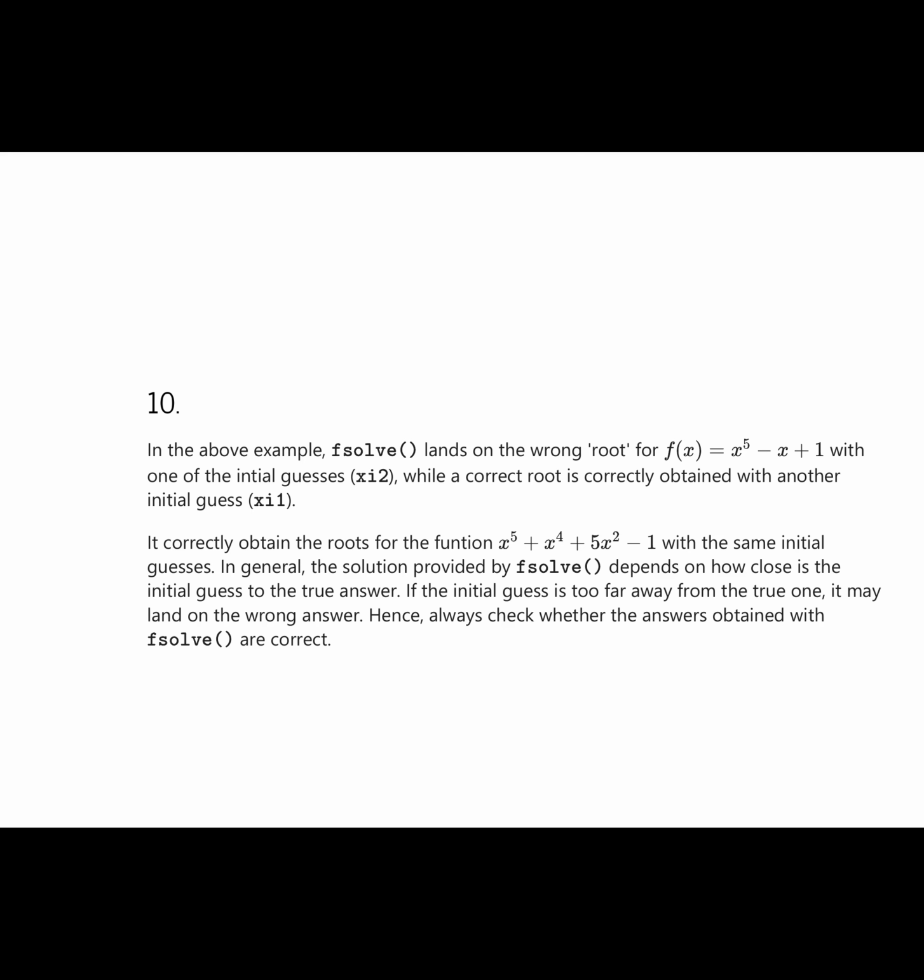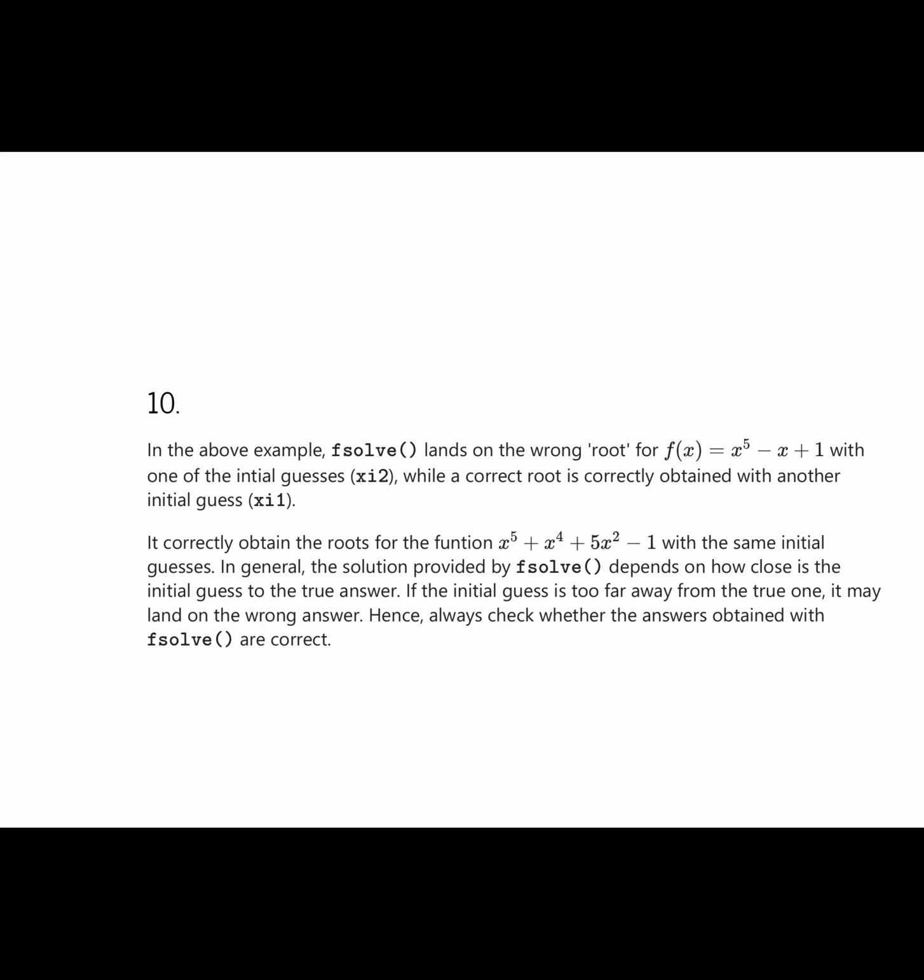However, the other initial guess, x0_2, might have resulted in fsolve converging to the same root, or perhaps to a value that is not a root, or it might have failed to converge. For the second function, f2 of x, it is possible that both initial guesses successfully located distinct roots.